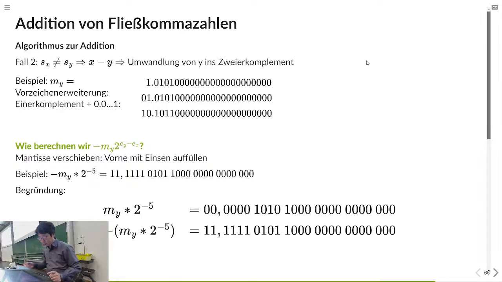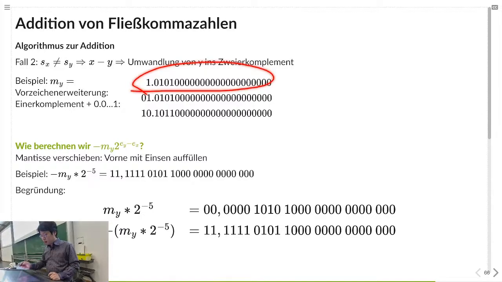So, jetzt ein Beispiel, dieses MY mal 2 hoch minus 5. Es bedeutet, wir bekommen zum ersten die Zweierkomplementdarstellung für unser MY. Wie machen wir die Zweierkomplementdarstellung? Wir machen zum ersten die Einerkomplementdarstellung und dann plus 1 am Ende.